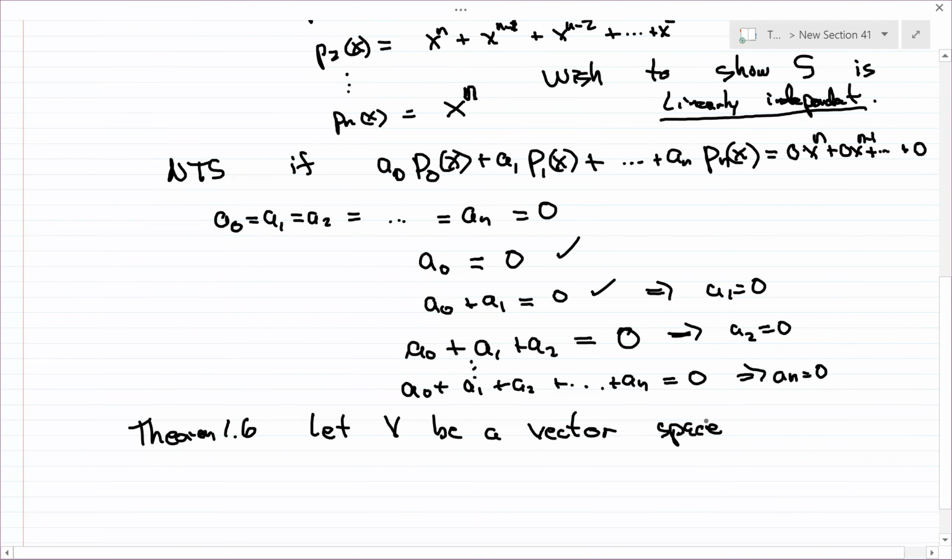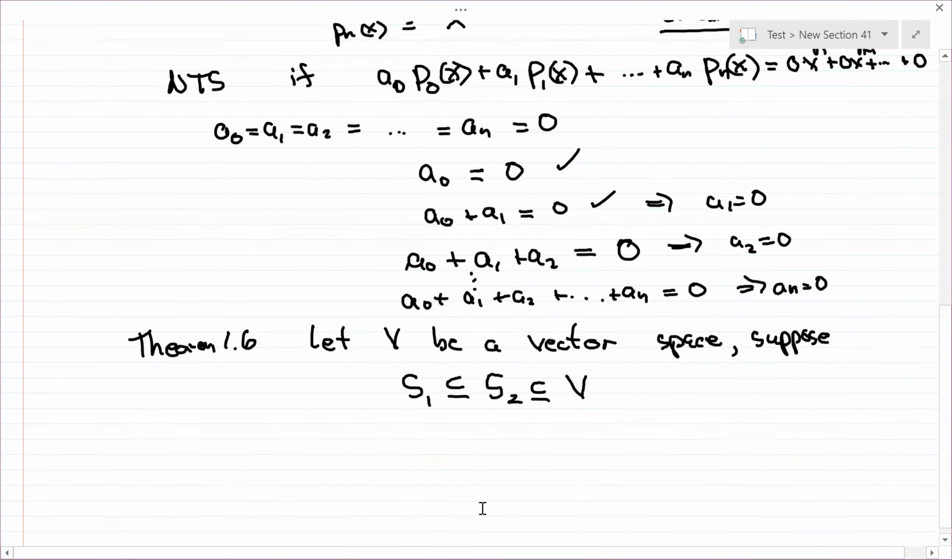And suppose you have two subsets. Suppose you have subset S1 contained in subset S2, which is contained in the vector space. So these are subsets of vectors.